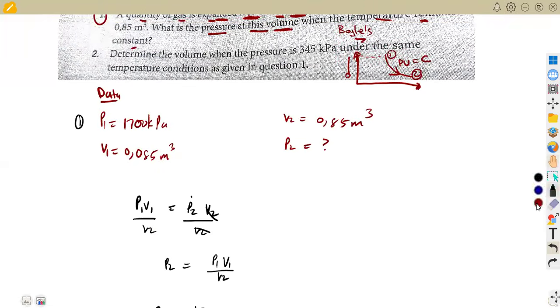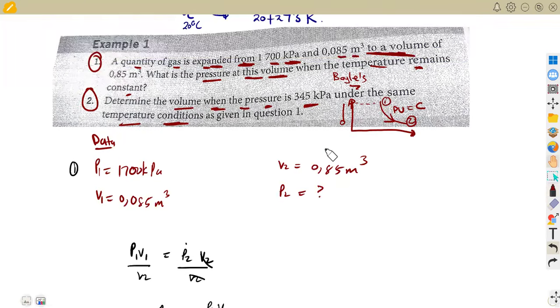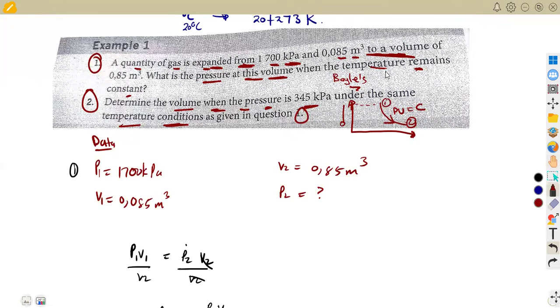The second part, they are saying here, determine the volume when the pressure is changed, under the same temperature conditions as in question 1. Meaning the inlet that we had is not changing.